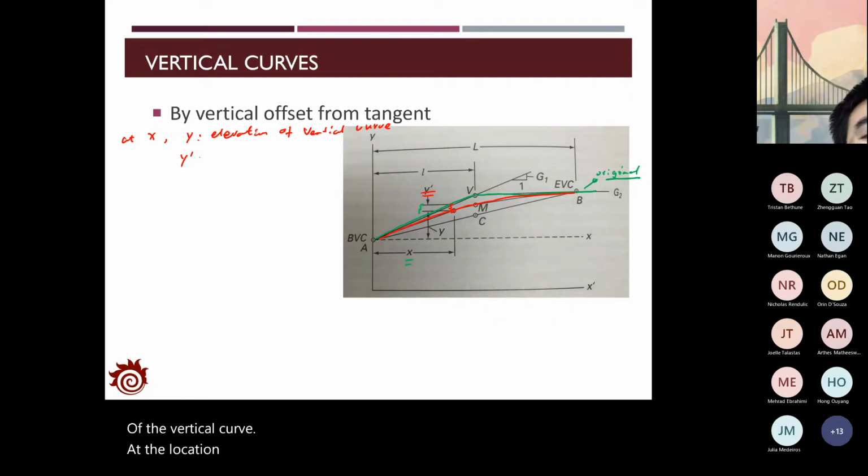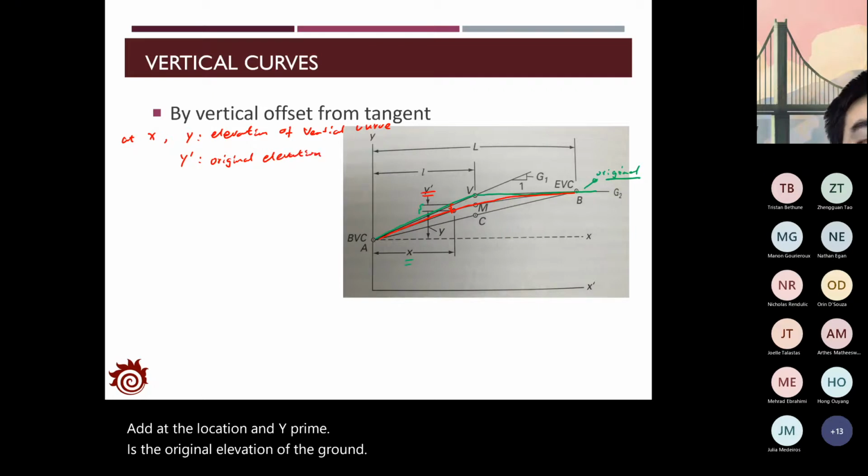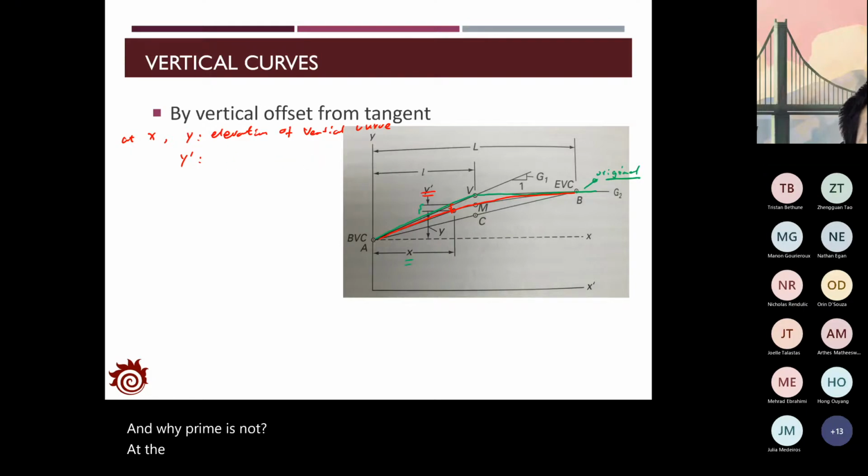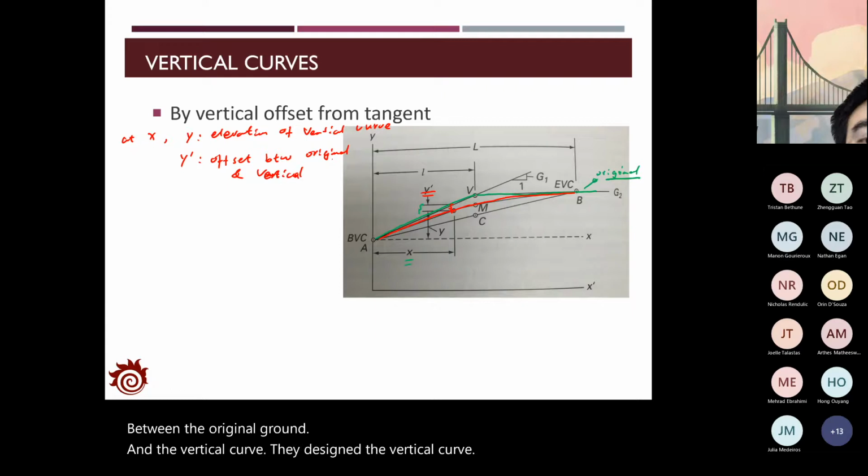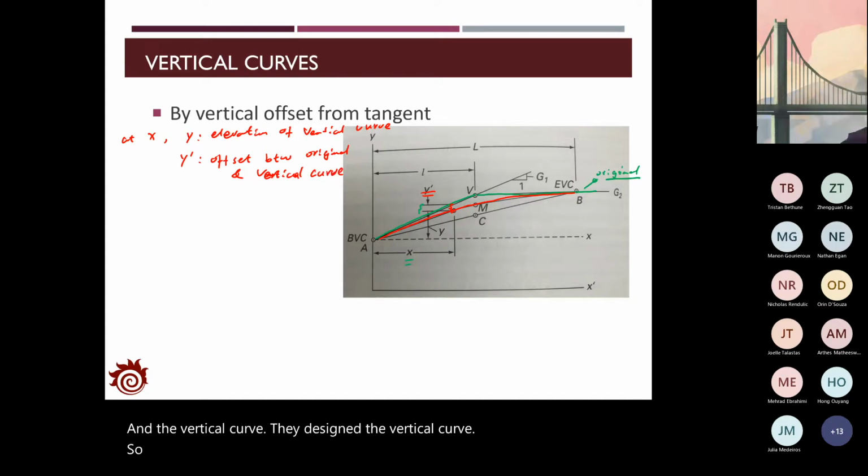No, the y prime is not the original elevation of the ground. It's the offset between the original ground and the designed vertical curve. So we want to find out the expression for the y prime.